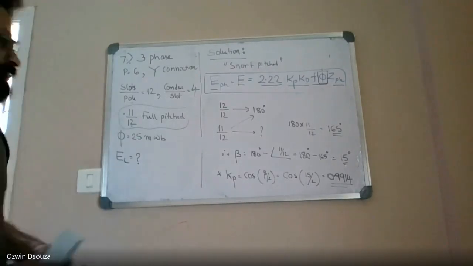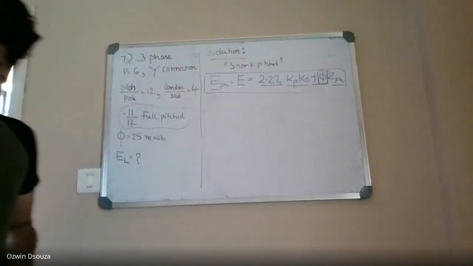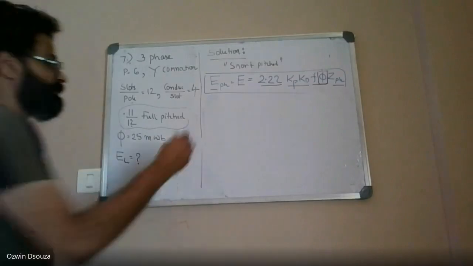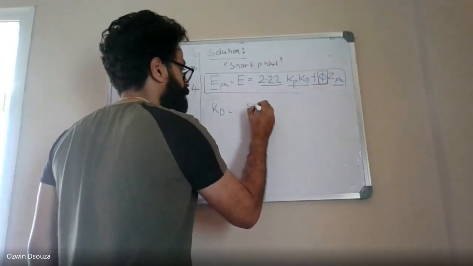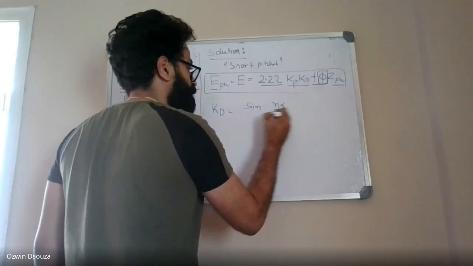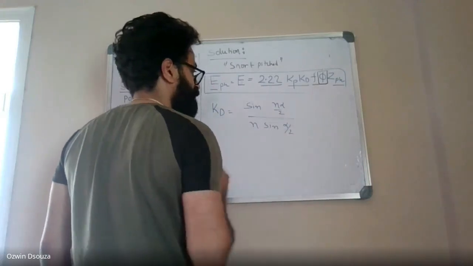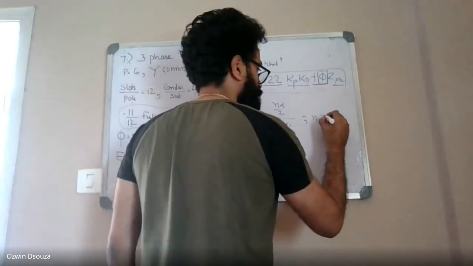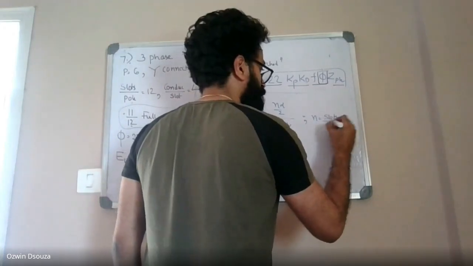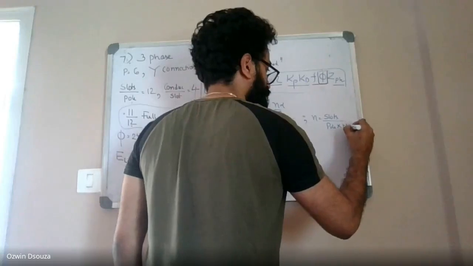Once you know Kp, you can find out Kd. Kd is pretty straightforward. You just go with the formula. Kd is equal to sine n alpha by 2 divided by n into sine alpha by 2, and n is equal to slots per pole per phase.